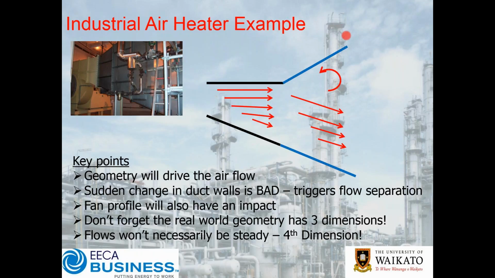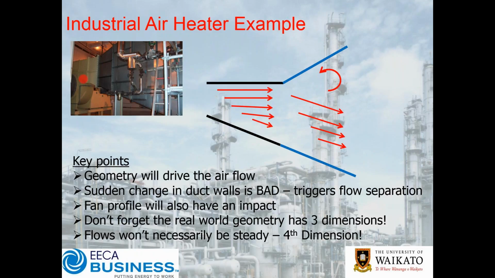And so what tends to happen in this instance is the air goes past there, it can't stay attached to this edge, and so it actually separates. And with that separation, you get an eddy induced in the flow here, which actually helps to reinforce this flow going down. And obviously, because this duct is continuing on, the air likes to stay attached, and so you ultimately end up with all the air going down to the bottom and a big dead zone up in this top area here.